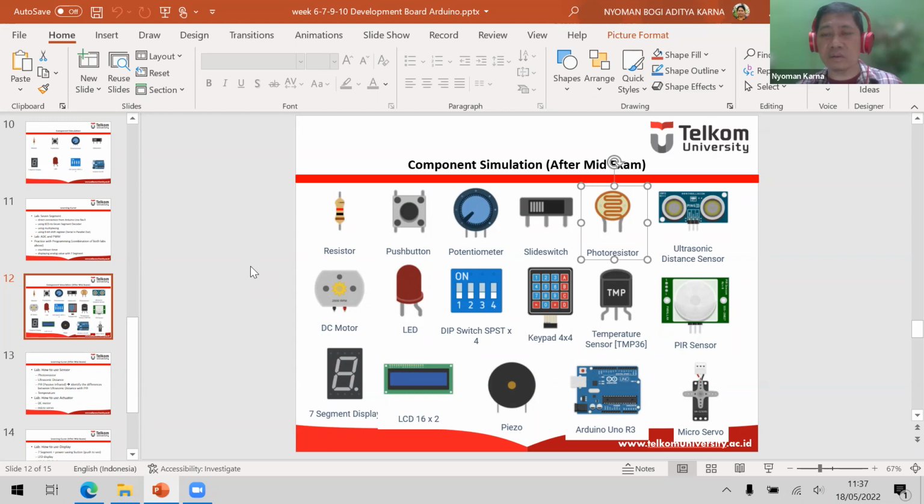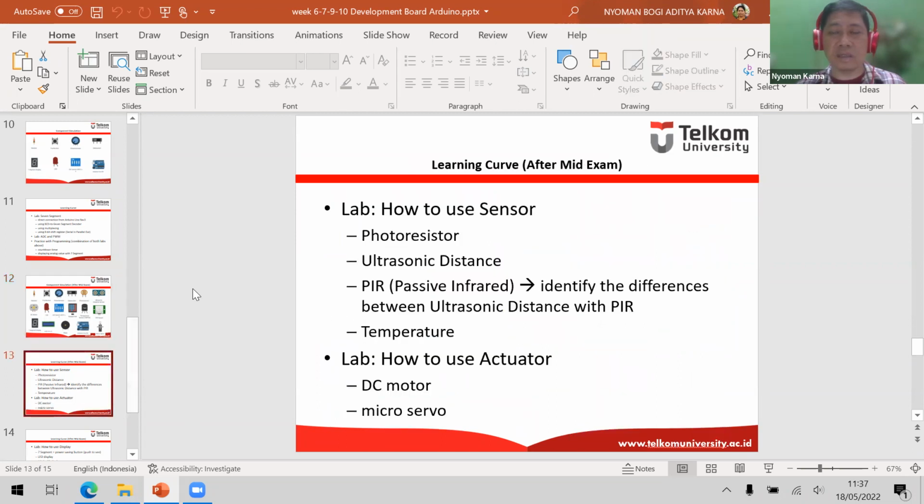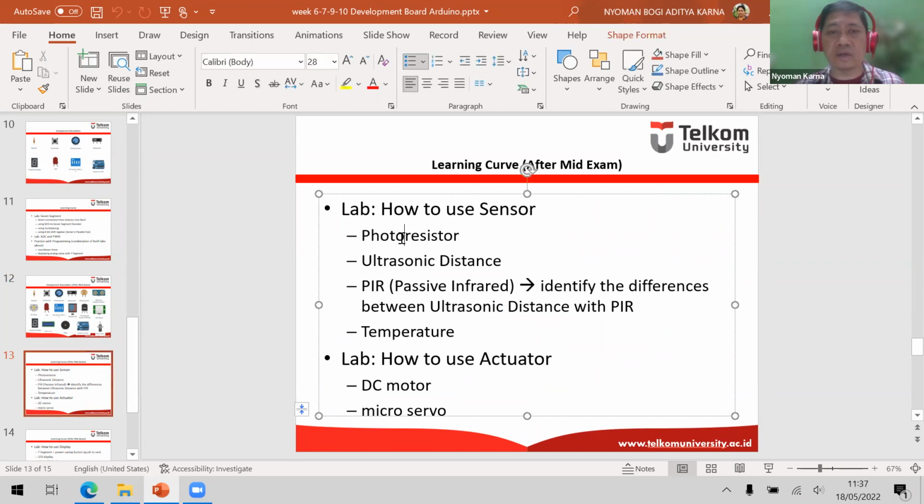Then we also use the temperature sensor, and we also discuss how to use the PIR sensor and the ultrasonic distance sensor. So let's move on to our learning curve. We're going to use the photoresistor, ultrasonic distance sensor, PIR, and temperature sensor. After that, we're going to discuss how to use actuators using a DC motor and a micro servo.